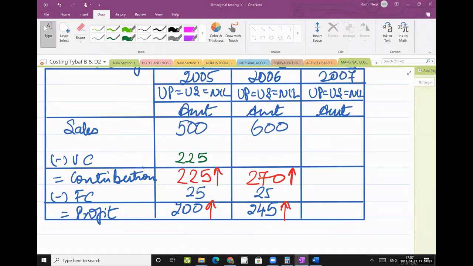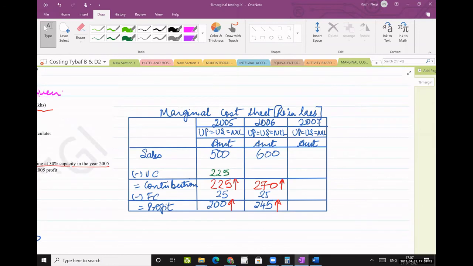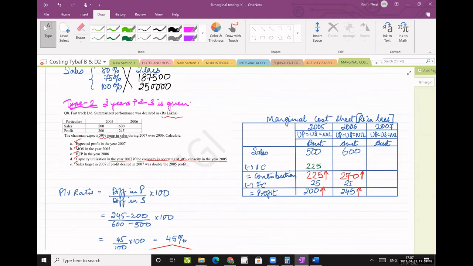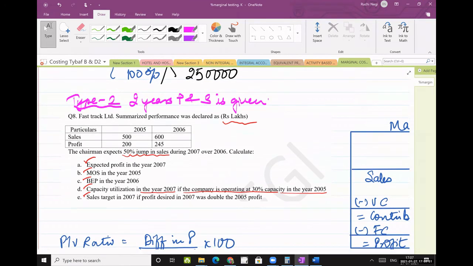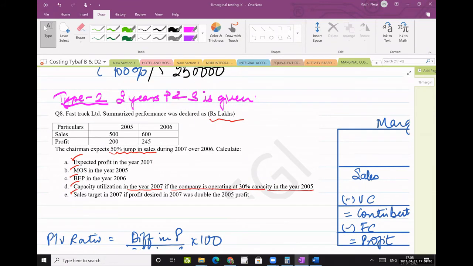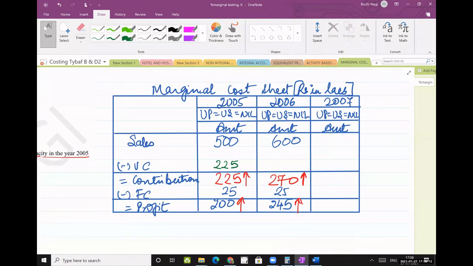Okay, so last lecture we were calculating this variable cost. I'll just take you back to the question. This is a type 2 question: 2 years profit and sales given, with a slight variation that you are expected to calculate sales for 2007 and also profit for 2007 with conditions applied. So 2005, 6, 7 sales is given, profit is given.